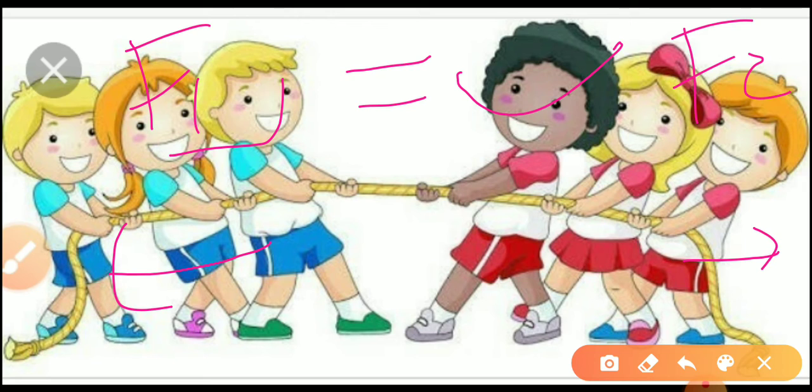The forces are balanced. That becomes a balanced force. And if F1 is greater than F2, then this team will win. They will pull the others towards their side. So that is called a non-balanced force. But here there is contact between these two teams with the help of this rope. So that is a contact force.